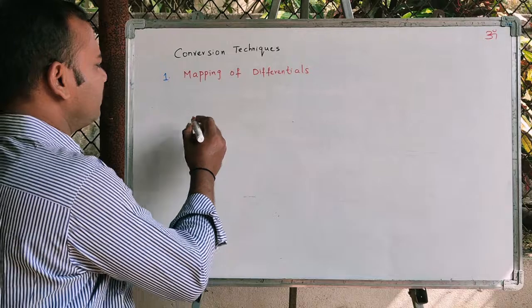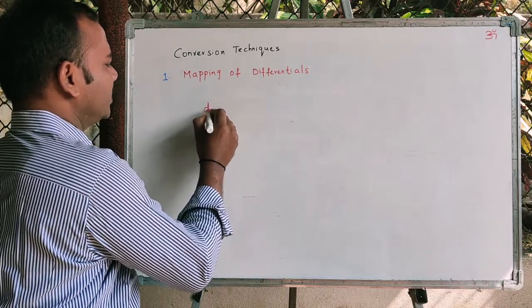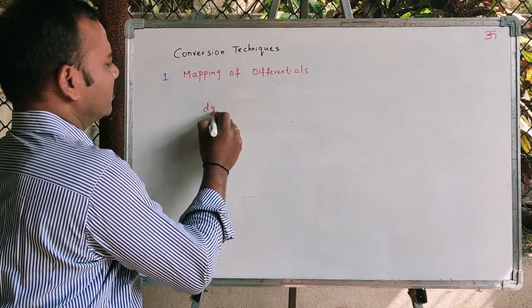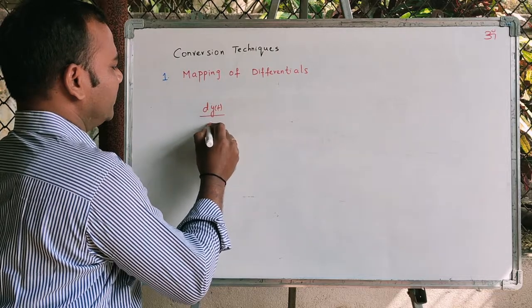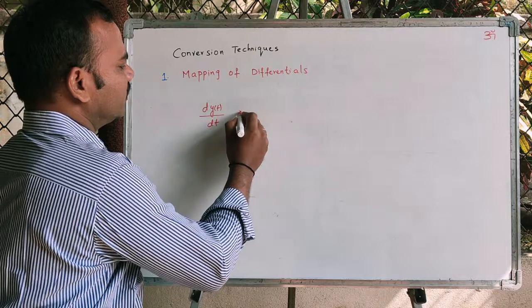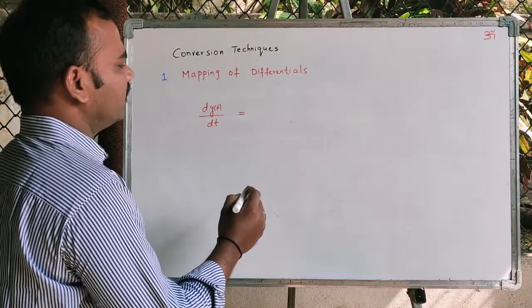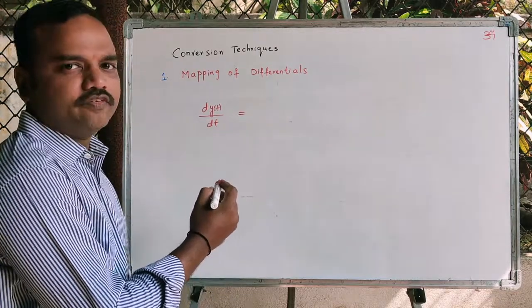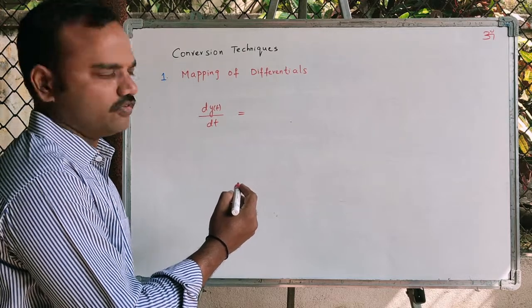So, in the S-plane, if we have a differential equation d y(t) by dt, we can approximate it with a difference equation, and that difference equation is the backward difference equation.